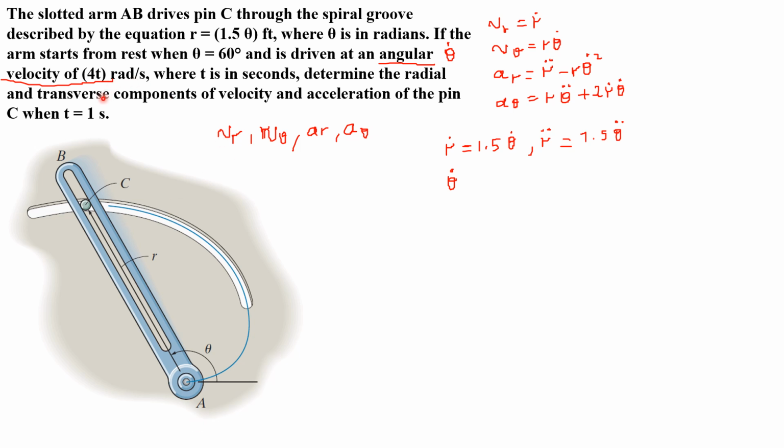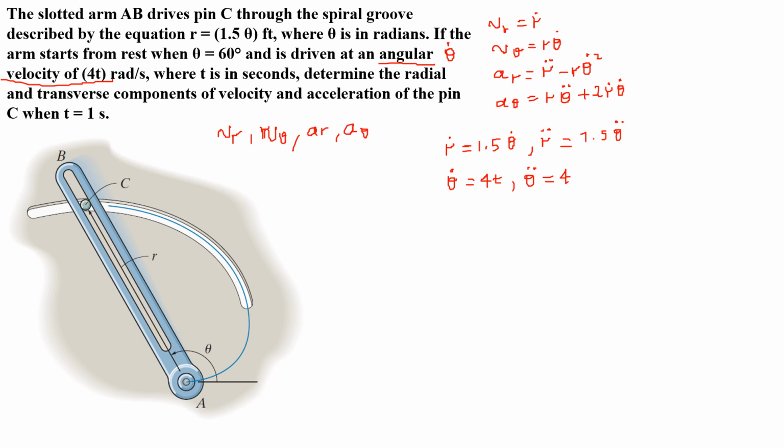Theta dot is the angular velocity, which is already given as 4t. Hence theta double dot, the time derivative of theta dot, is simply 4. Now let us plug this into the equations and see what we can find.